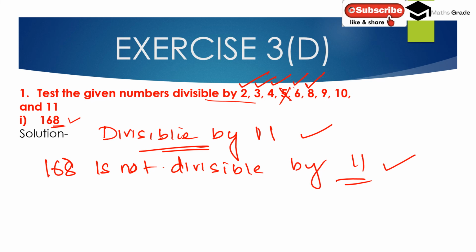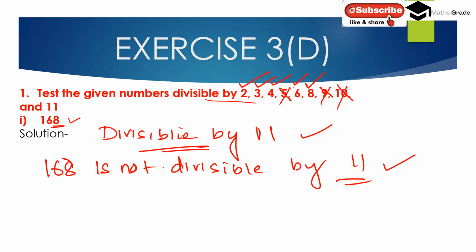Now is this number divisible by 10 or not? The unit place digit 8 is divisible by 2, but this number is not divisible by 5 because the unit place digit is not 0 or 5. So 168 is not divisible by 10.